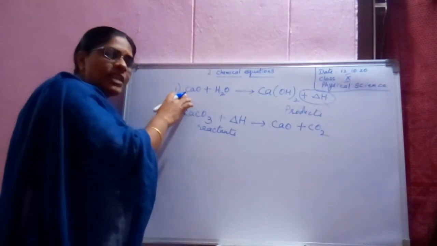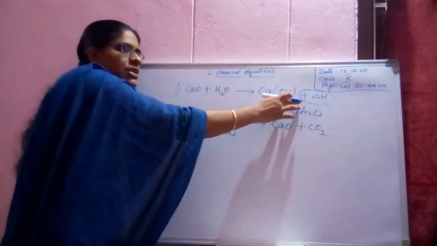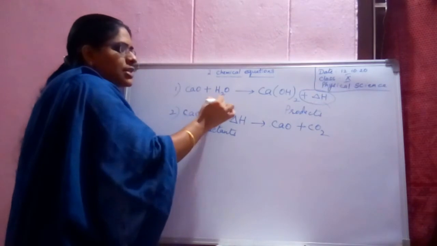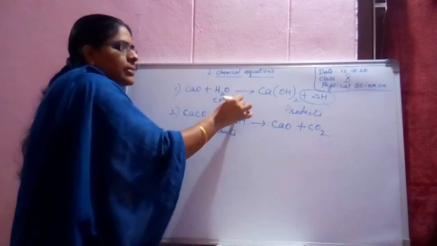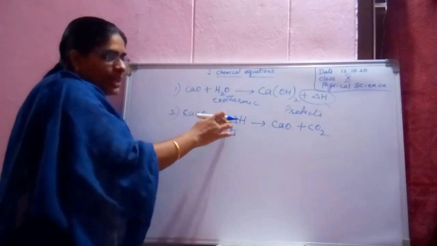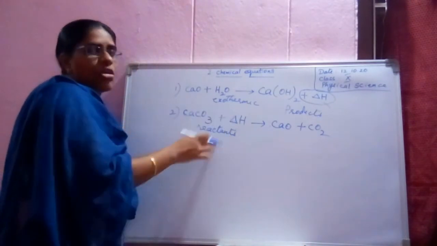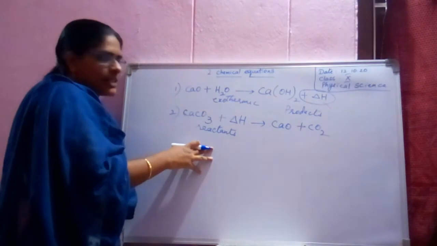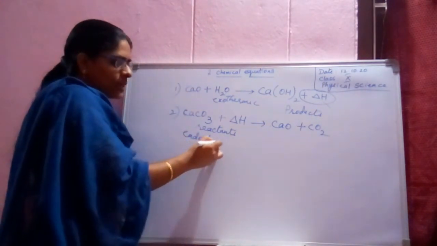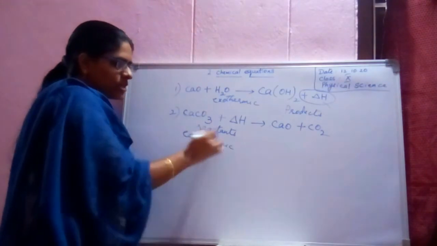In the first equation, heat energy is on the product side. Such reactions are exothermic reactions. Here, heat energy is on the reactant side. Such reactions are endothermic reactions.